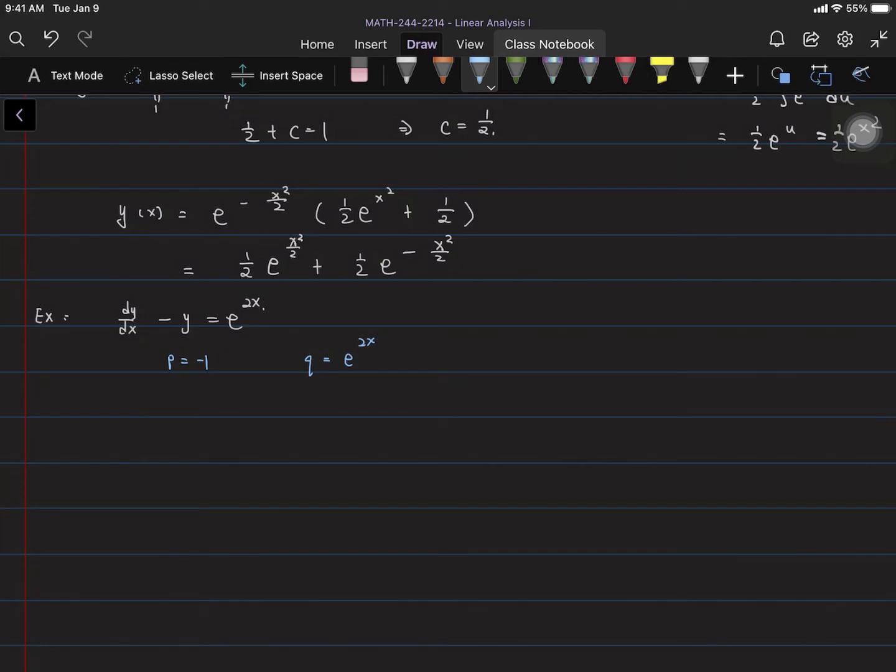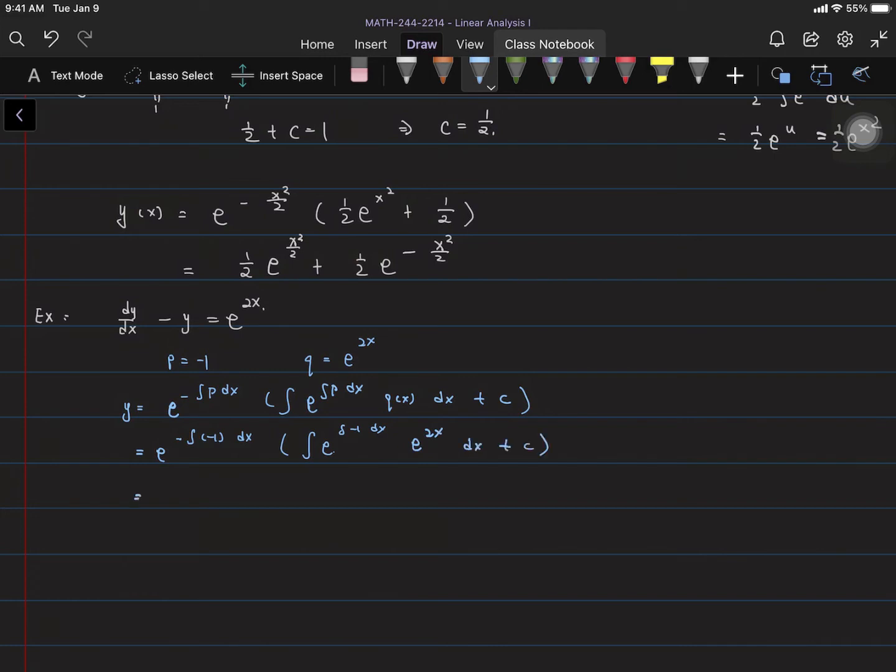This is standard form, so I'm going to use the formula directly. First I write down the formula: y = e^(-∫p dx) [∫ e^(∫p dx) q(x) dx + c]. Here we have e to the negative integral of -1 dx, and e to the integral of -1 dx, e to the 2x dx plus c.